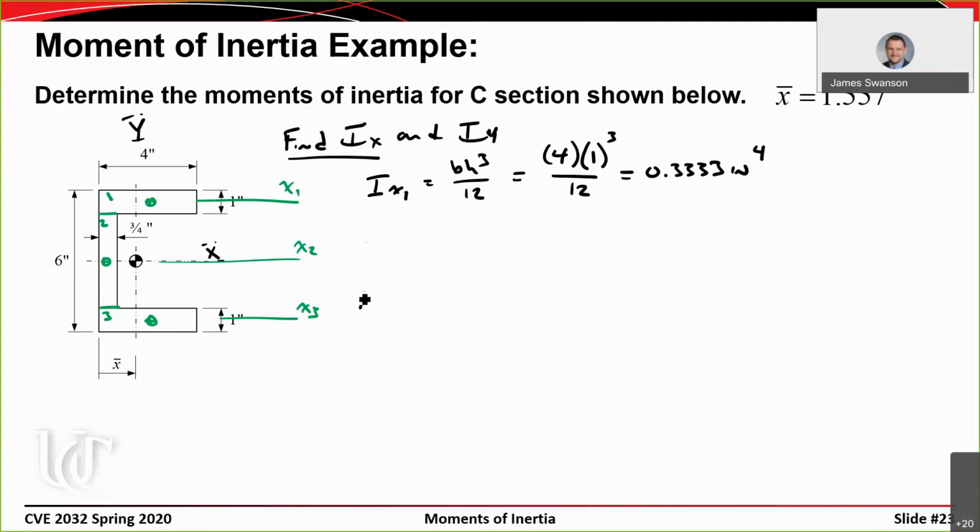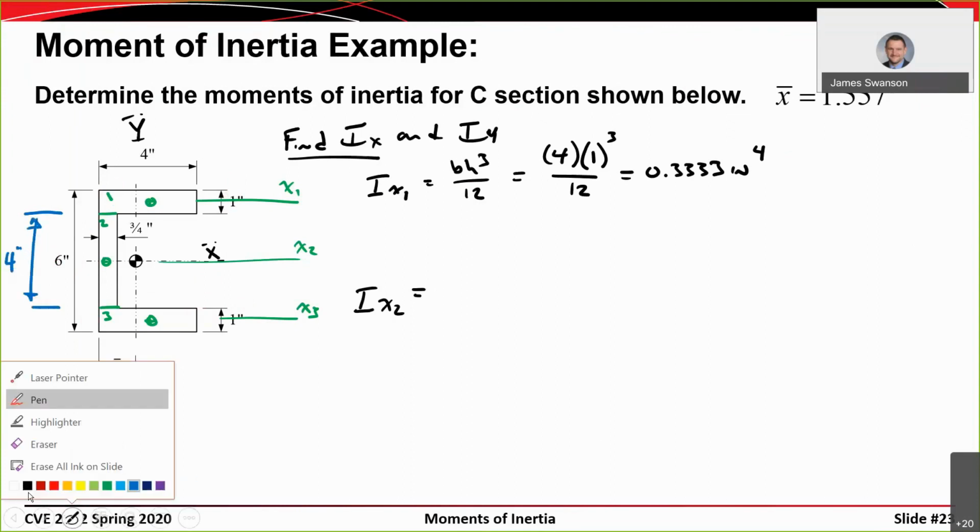And then we can calculate I sub little x2. That's equal to the base times the height cubed over 12. And the base here would be 6 inches minus the thickness of the top part minus the thickness of the bottom part. So the base there is going to be 4 inches. So this dimension here is 4 inches.